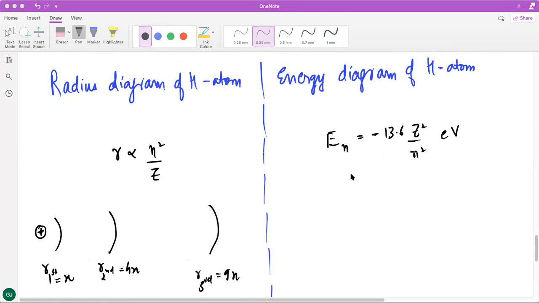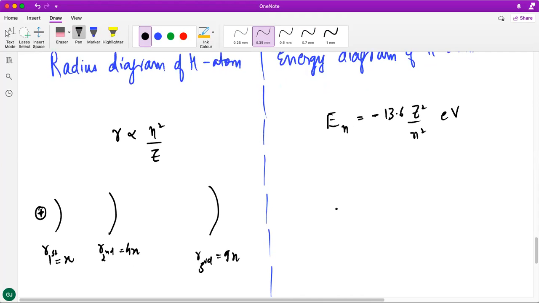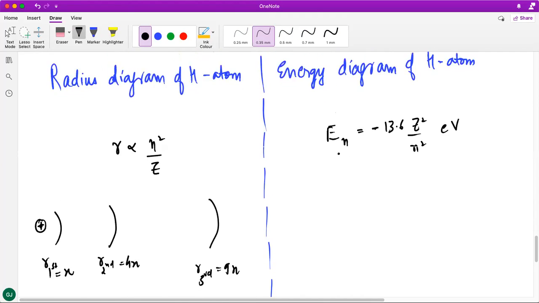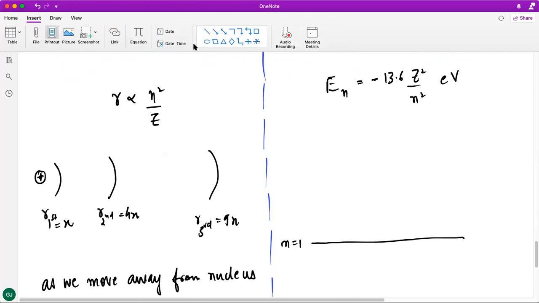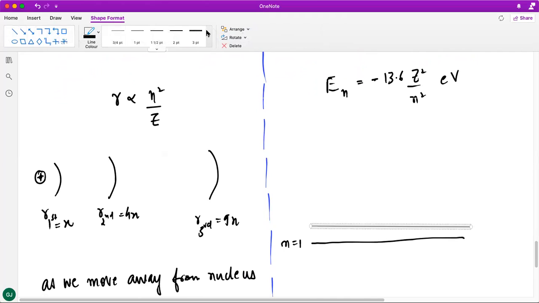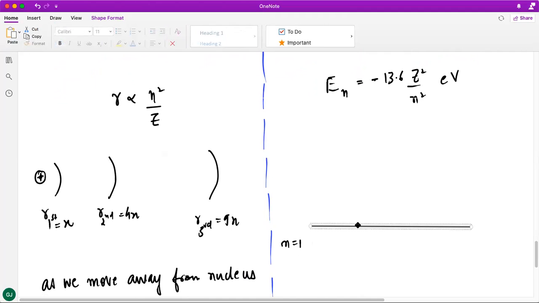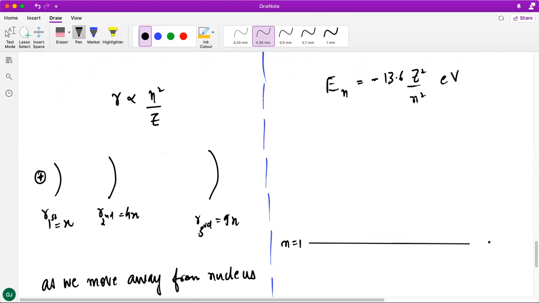So now, अब आप notice करना एनर्जी डायग्राम किस तरीके से ड्रॉ किया जाता है. So let's say this is n equal to 1, right? Let me in fact draw proper line. Okay, so this is n equal to 1 and this is minus 13.6 eV in terms of its energy.